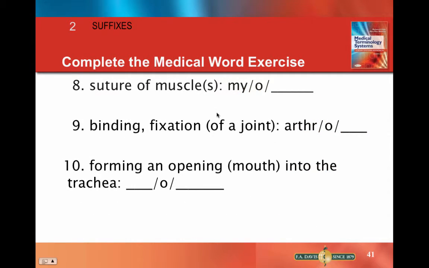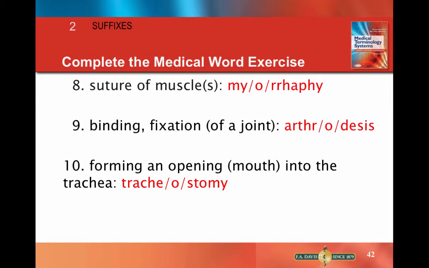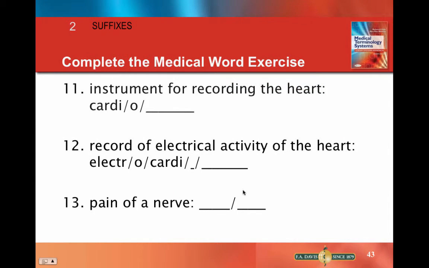Here are some more. Disease of a muscle. Binding or fixation of a joint. Forming an opening into the trachea. Disease of the muscle would be myopathy. Binding or fixation of a joint, arthrodesis. Forming an opening to the trachea, tracheostomy. An instrument for recording the heart, recording of electrical activity in the heart, and pain of a nerve.